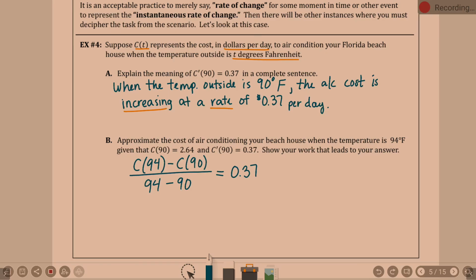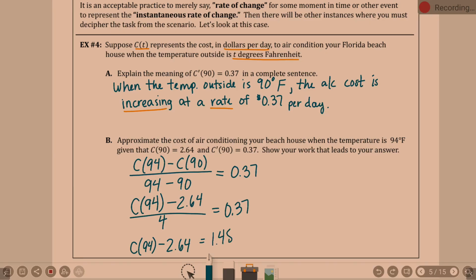Okay, so anyways, you can do some cleanup there. C of 94 is what we're trying to find, minus C of 90, which was 2.64, all over 4 equals 0.37. As you mentioned, you took 0.37 and multiplied by 4. So if I multiply the 4 over, I now have C of 94 minus 2.64 is equal to 4 times 0.37, which is 1.48.